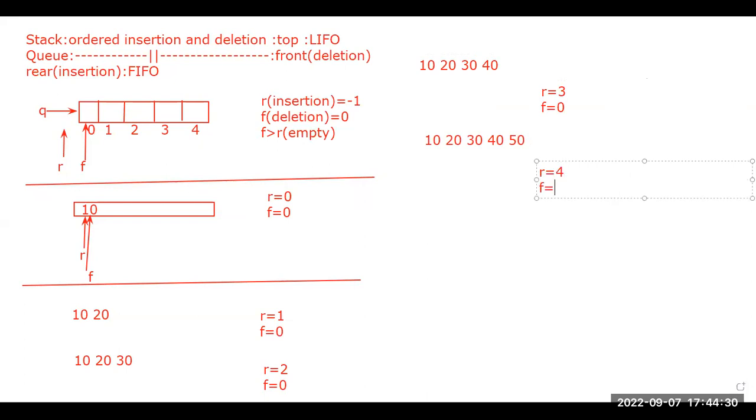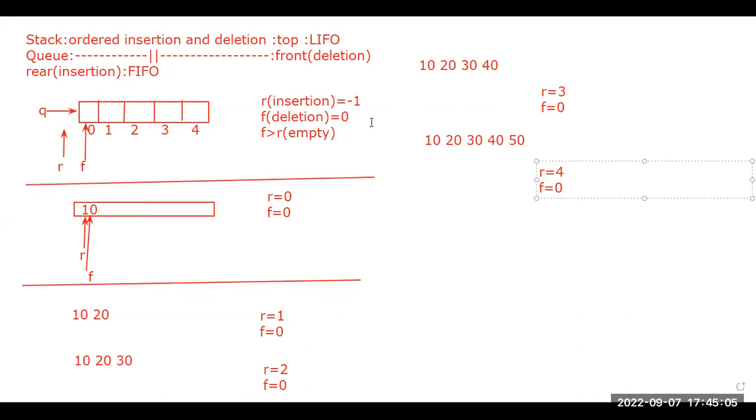Now you tell me, when the queue was empty, what were the values of F and R? It was 0 and -1. Means F value was 0 and R value was -1, which means it was empty.